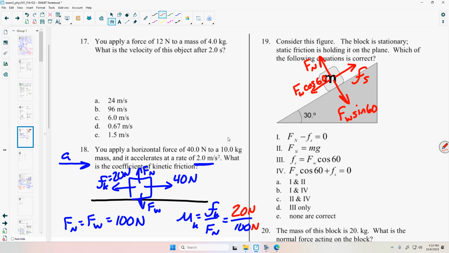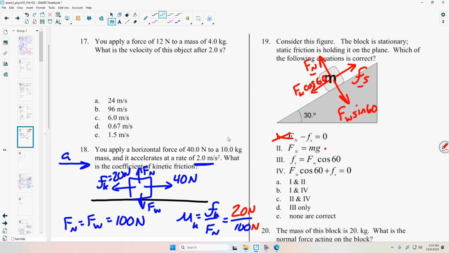All right, so let's see. How about this one? Fn minus Fs equals 0. No, because Fn is on the y-axis, Fs is on the x-axis, so they're not related at all. They're completely separate from one another. Fn equals mg.